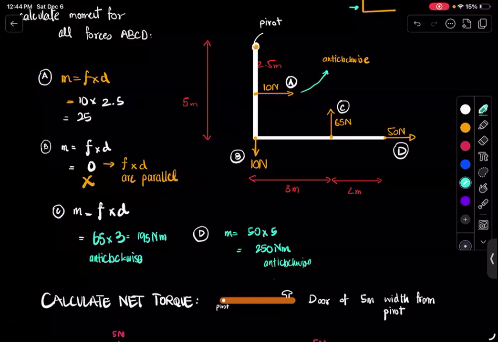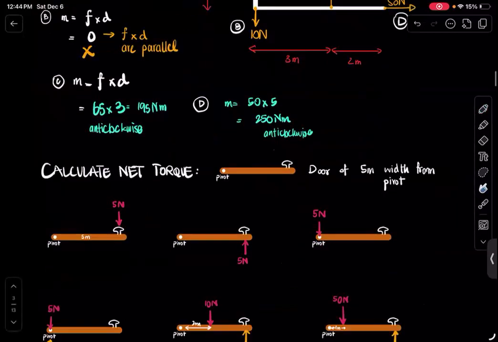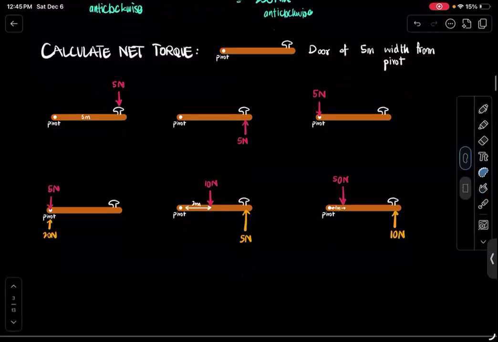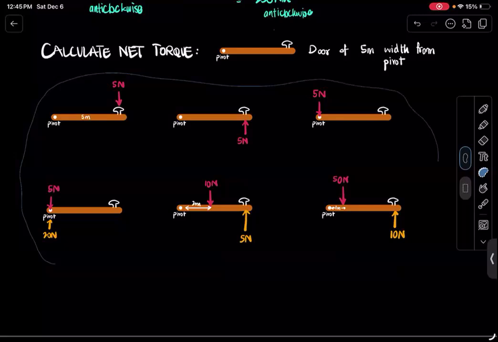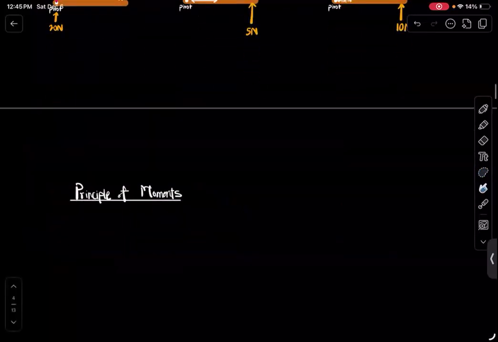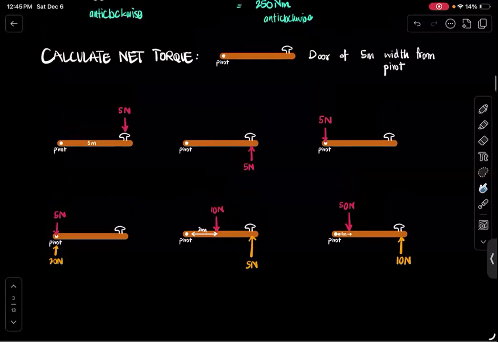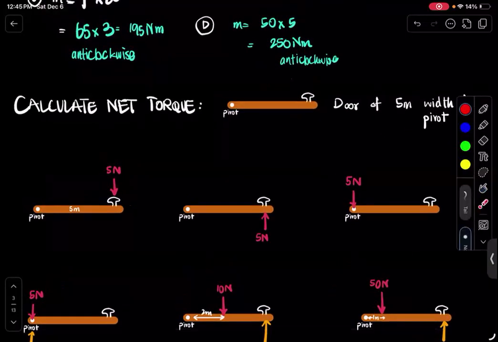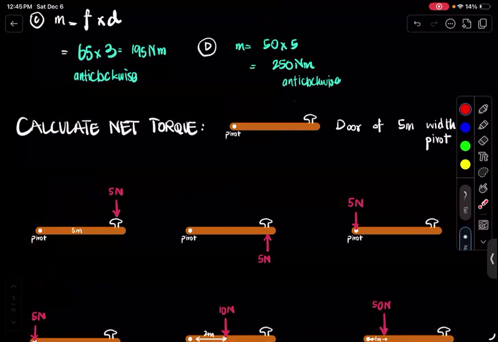Okay. Now we're going to do a few examples to calculate the net torque. And then from these examples, we're going to build the law of the principle of moments. We're going to have the same object for all of these examples. What we want to do is calculate the net torque on the door.